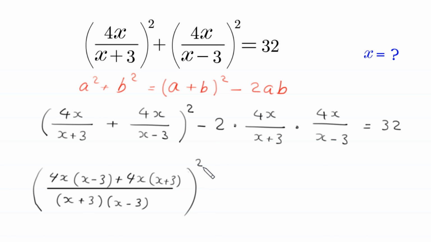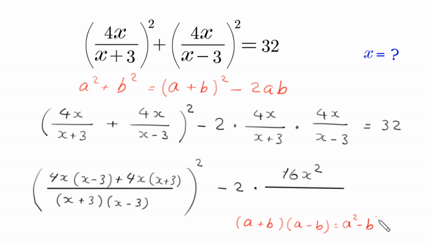Whole squared minus 2 times this 4x times 4x will become 16x squared divided by, using this algebraic identity a plus b times a minus b is equal to a squared minus b squared, this x plus 3 times x minus 3 will become x squared minus 3 squared is equal to 32.